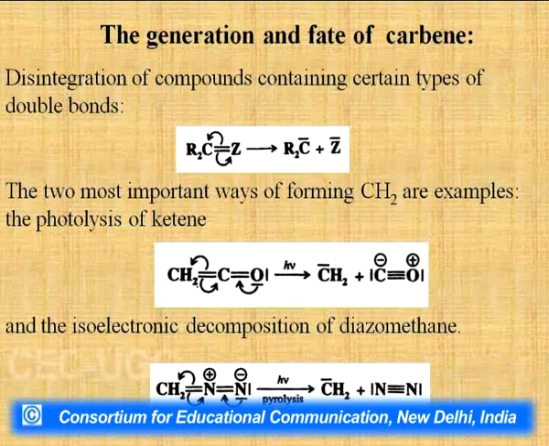Another generation method is the disintegration of compounds containing certain types of double bond. The two most important ways of forming CH2 are the photolysis of ketenes, so you can see the formation of carbene from ketenes, and the isoelectronic decomposition of diazomethane.